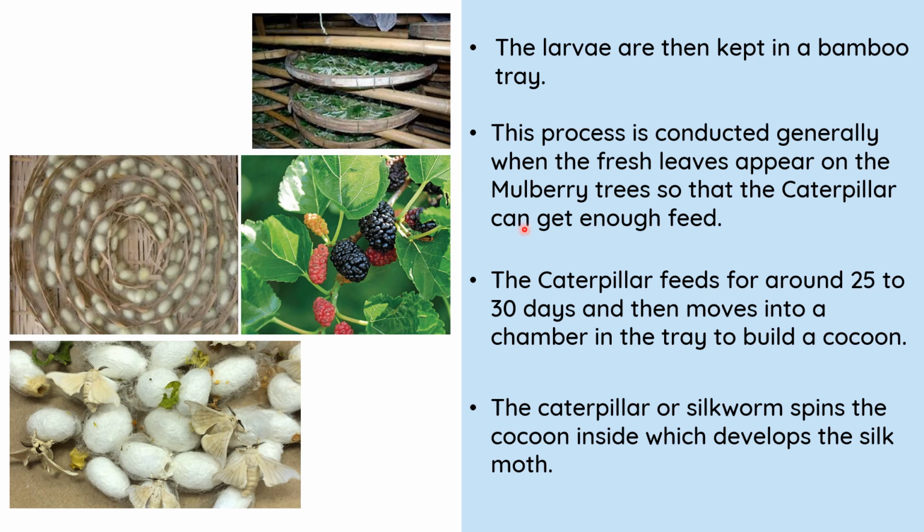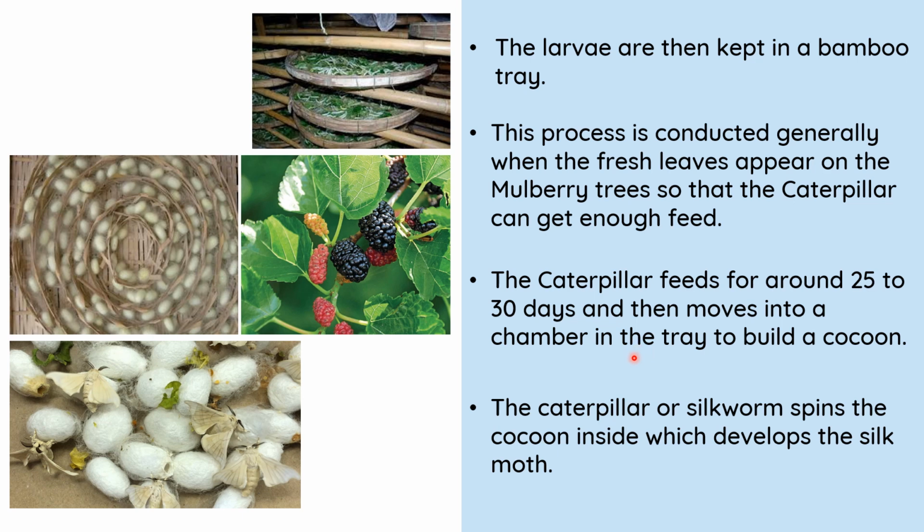The caterpillar feeds for around 25 to 30 days and then moves into a chamber in the tray to build a cocoon. After 25 to 30 days of continuously feeding on mulberry leaves, they move into the next stage, called the cocoon.